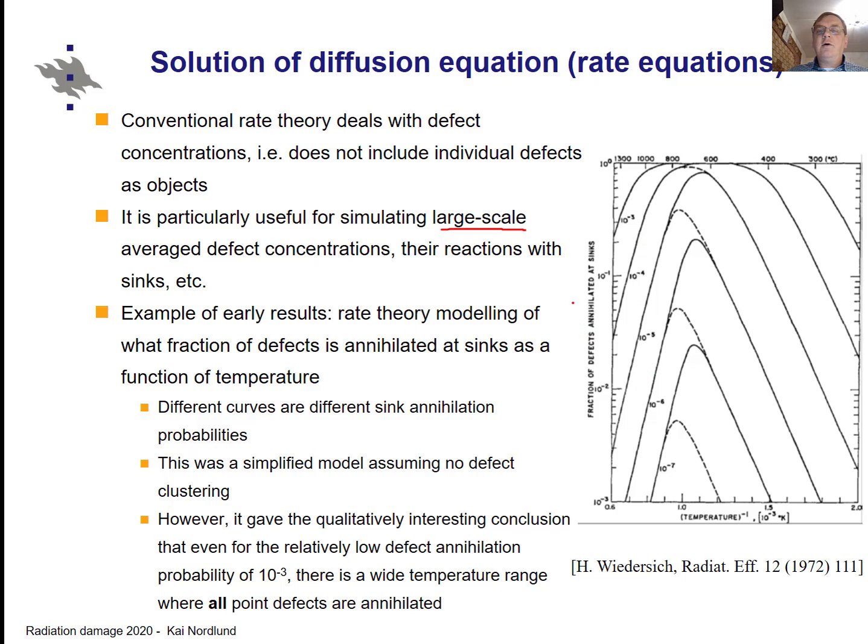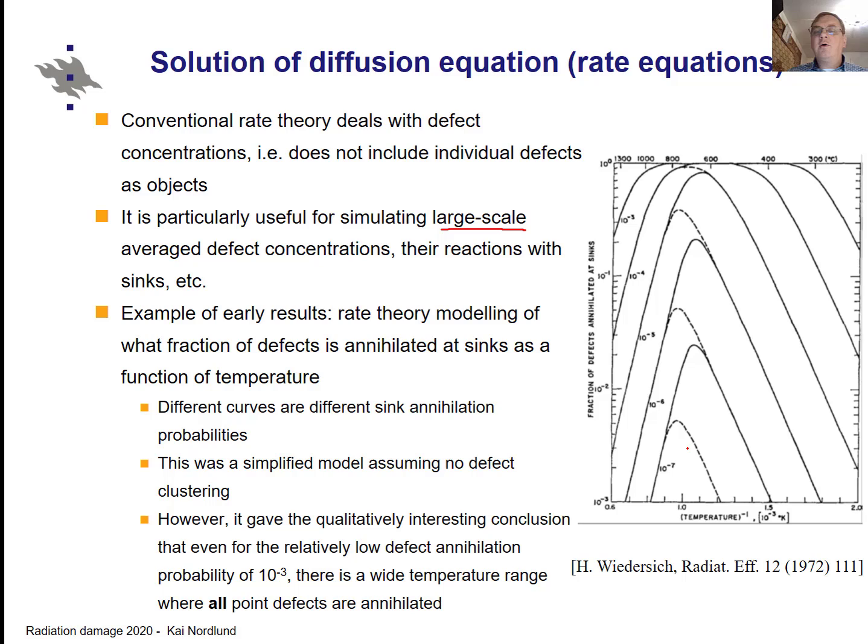And here on this plot is one of the early results by current standards. One could do this much better, but it's still relevant as a way of getting an idea and as a model. This shows temperature on an Arrhenius scale going from the melting temperature lower, and this was simulating simple interstitials and vacancies without any defect clustering, and what's the probability of them being annihilated at sinks.